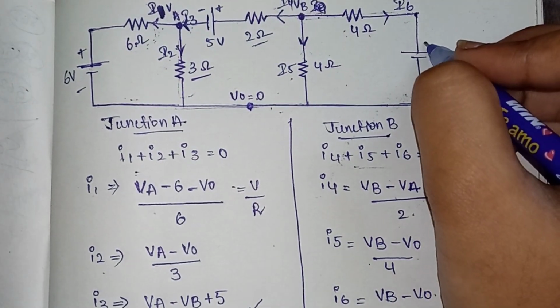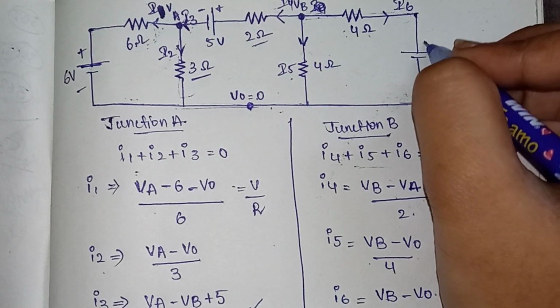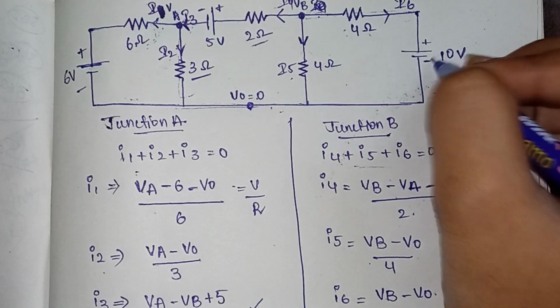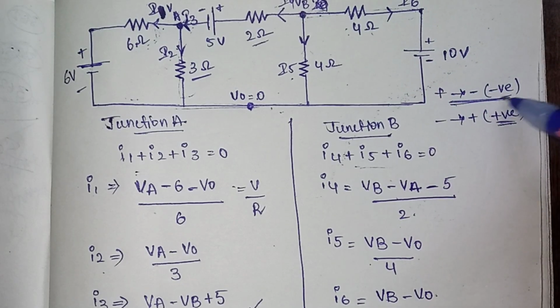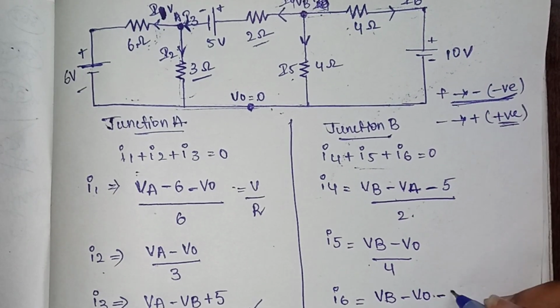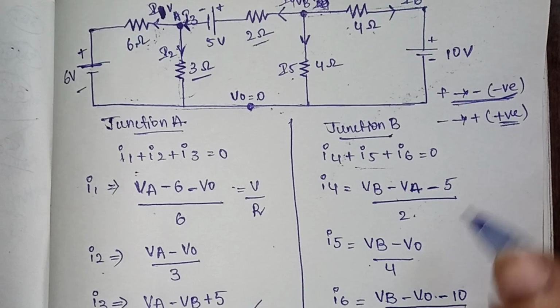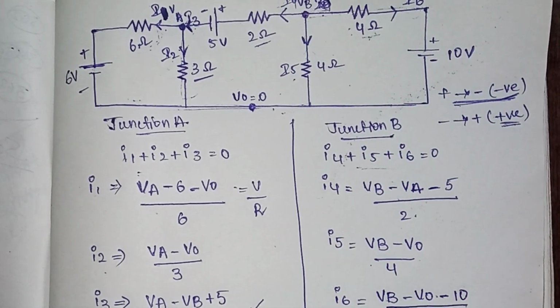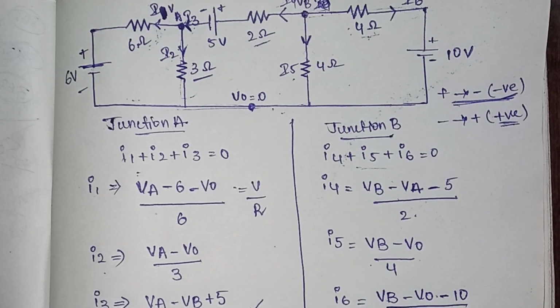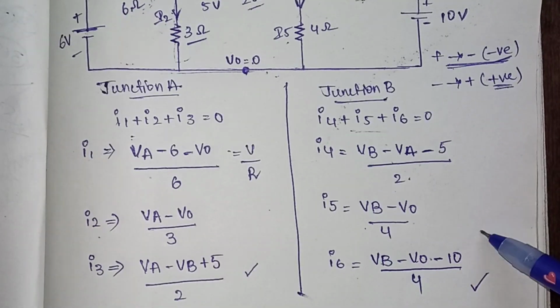And now our current is moving from, this is the positive terminal and this is the negative terminal. So it is coming from positive to negative, means you need to consider as minus. So minus 10 by, and what is the resistance you are having here? 4. So this will be your junction B and junction A KCL equations.